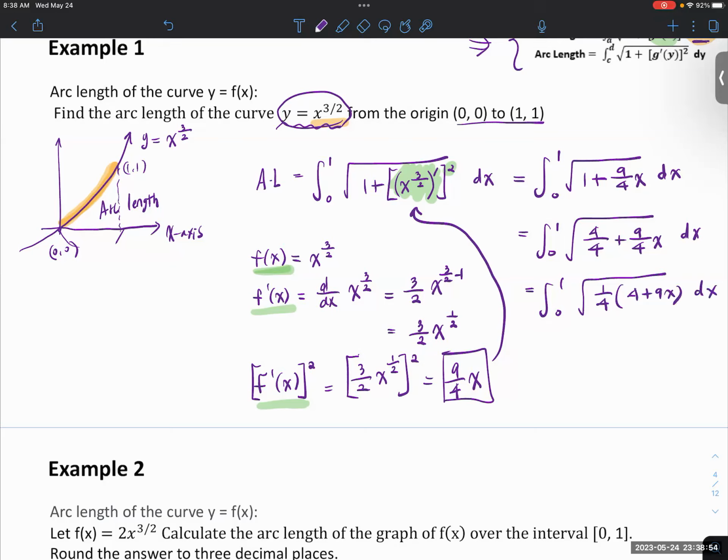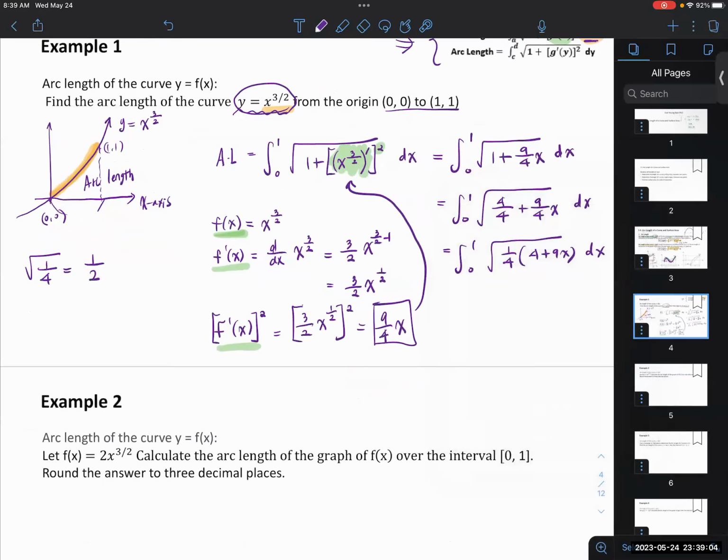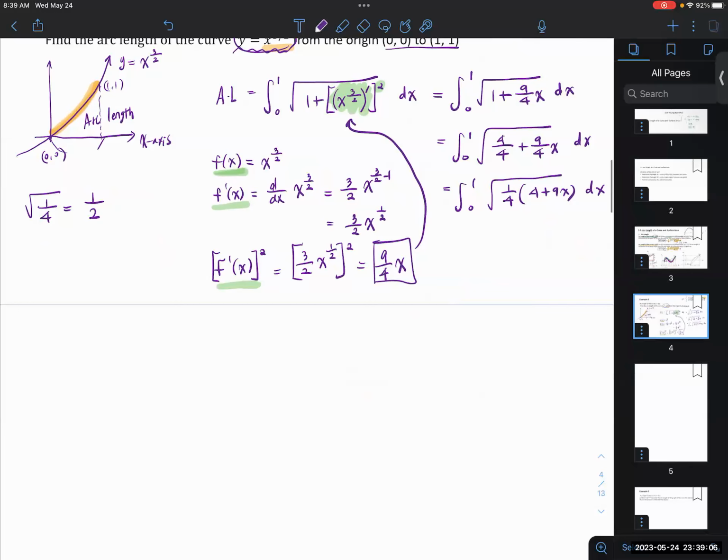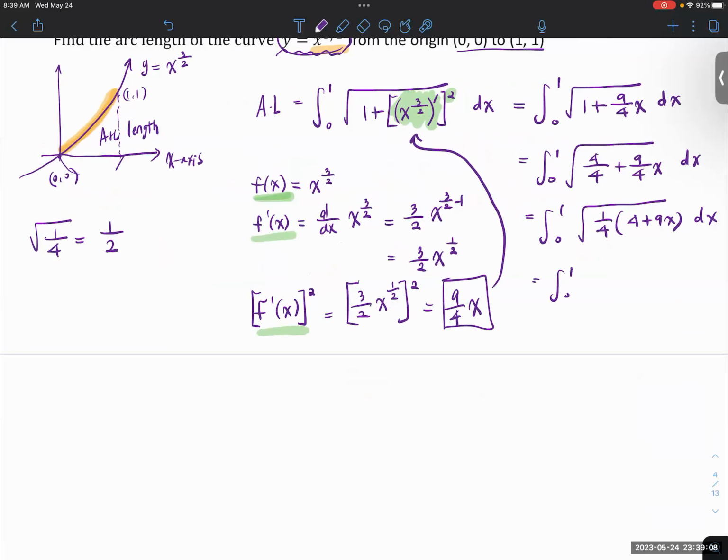Because for a radical with a perfect square number, you can simplify, so the radical of 1 over 4 is 1 over 2, correct? So I'm going to make a little bit of space. So that would be from 0 to 1, 1 over 2, and 4 plus 9x is still inside of the radical, and dx.